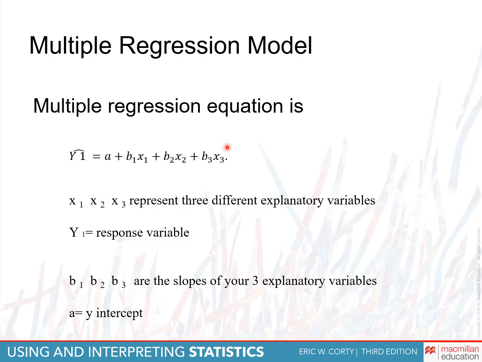In our clinic example, x1, x2, and x3 can correspond to the number of square feet, the number of exam rooms, and the number of offices. Each one of those explanatory variables is going to have a slope, so b1, b2, and b3 correspond to the slopes for x1, x2, and x3.